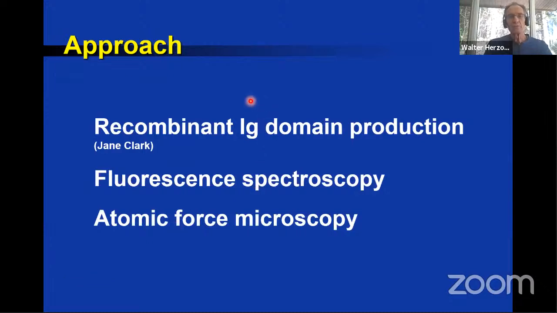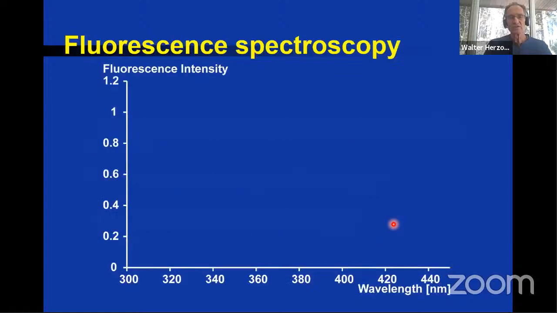So we recombinantly produced 8 immunoglobulin domains and then used fluorescence spectroscopy to see if calcium bound to the immunoglobulin domains, and then checked mechanically with atomic force microscopy if indeed we get a larger unbinding force and that we need more force to stretch these immunoglobulin domains.